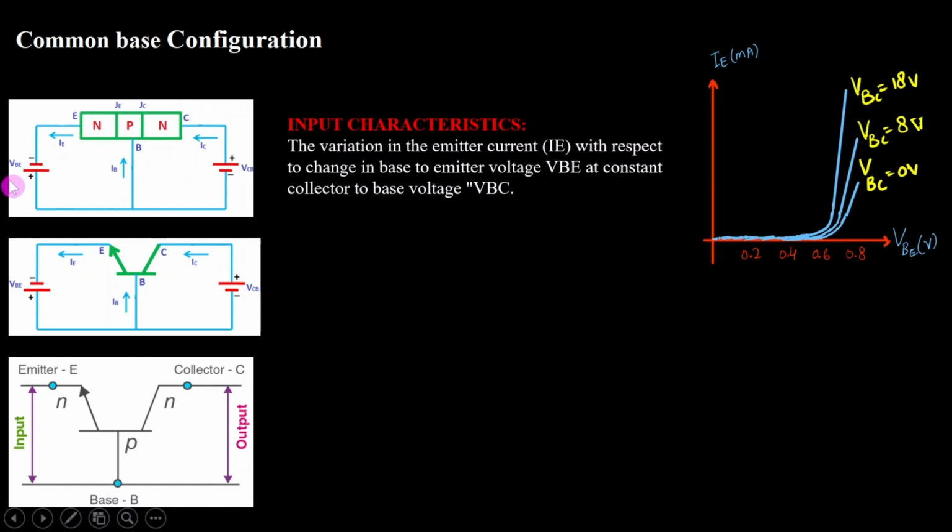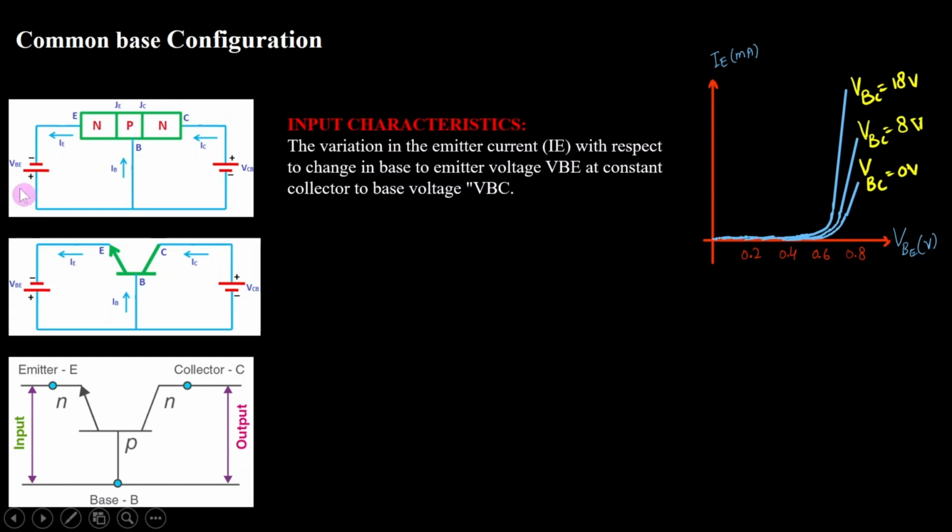If we change VBE, the current will be induced. VBE is connected between the emitter and the base. If we change its magnitude, the current will change, because this is the forward bias.